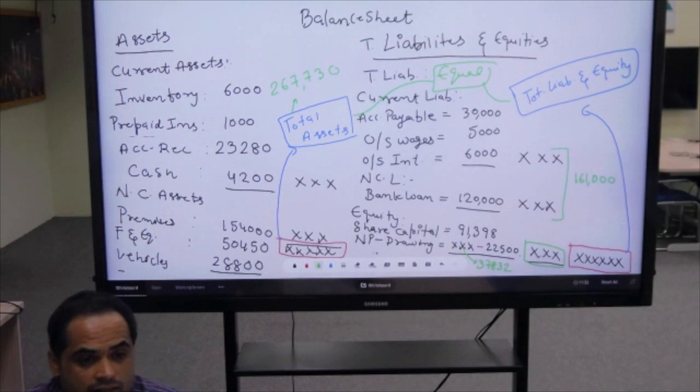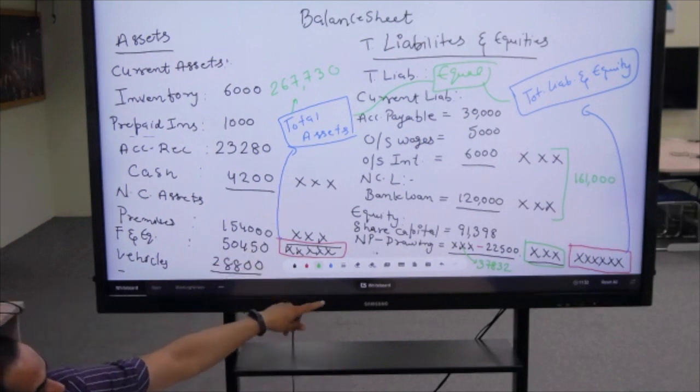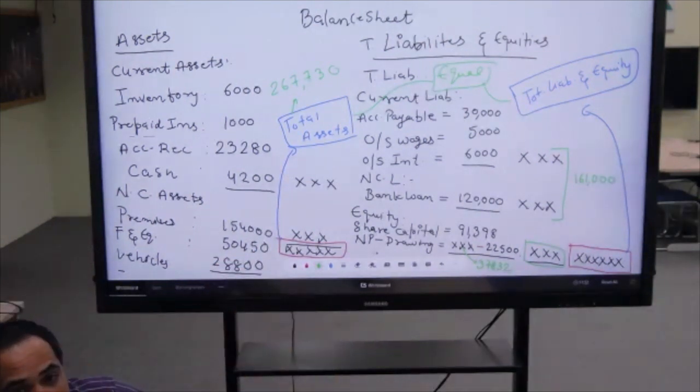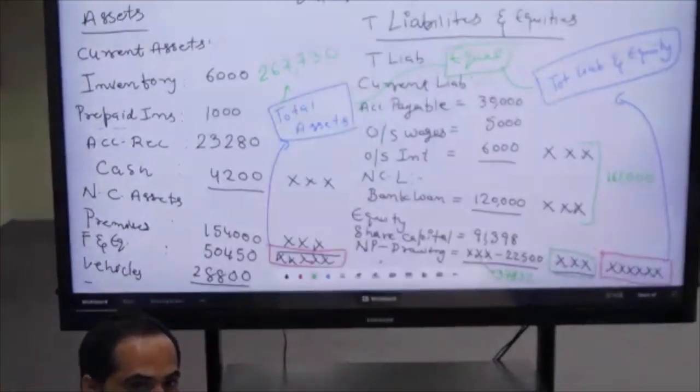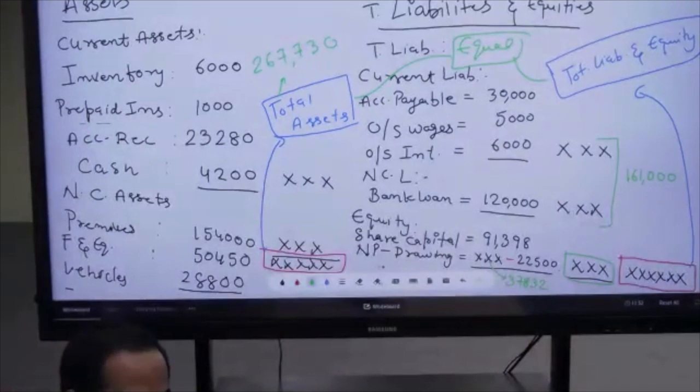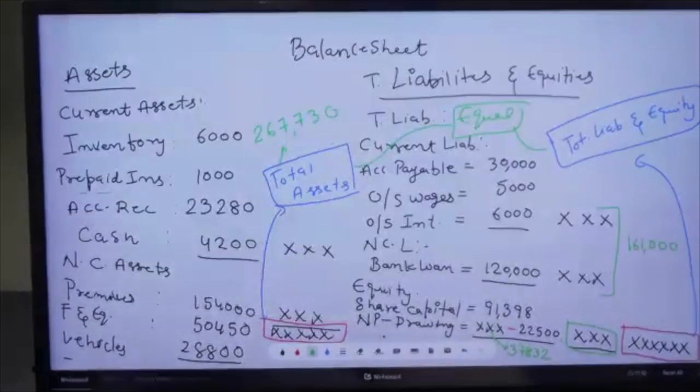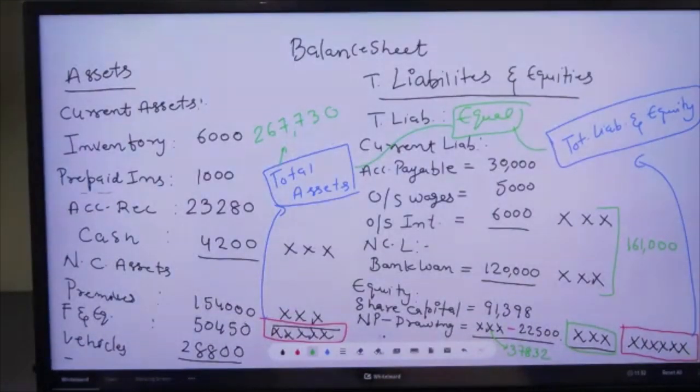How much? Quickly tell me. Net profit, which is 37,832. 37,832 minus 22,000.